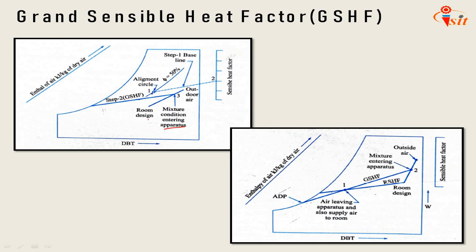Now it may be noted that a point which lies on both the RSHF line and the GSHF line is the ideal supply condition to the room. So we need to take care of this, or remember this.